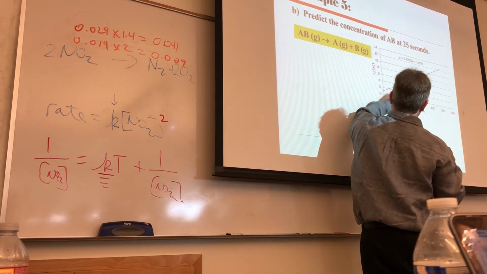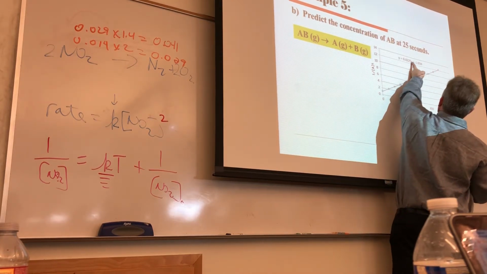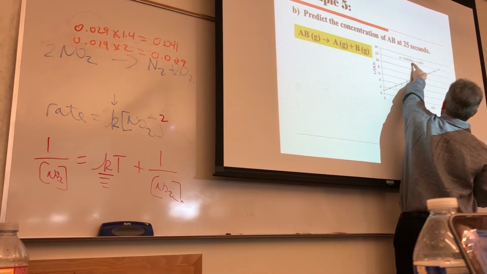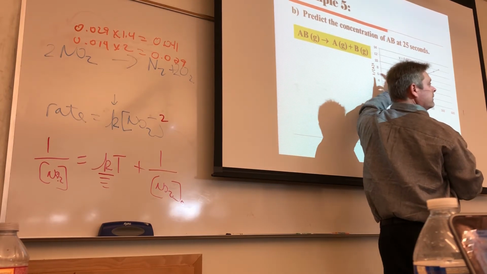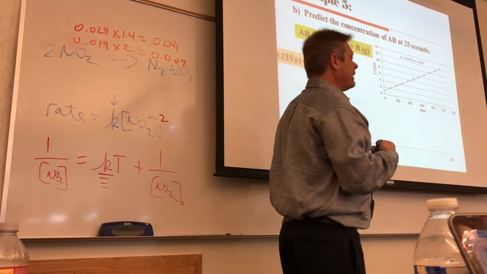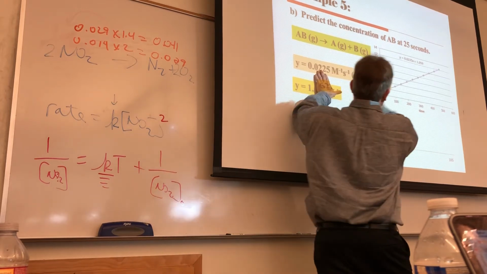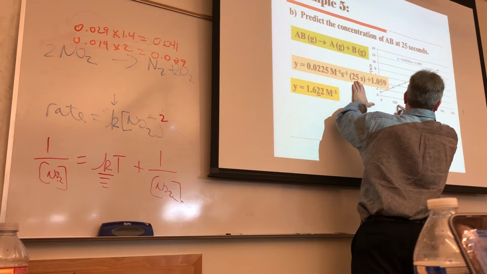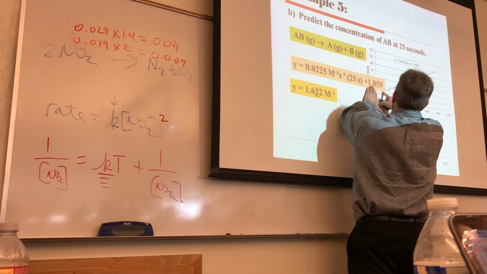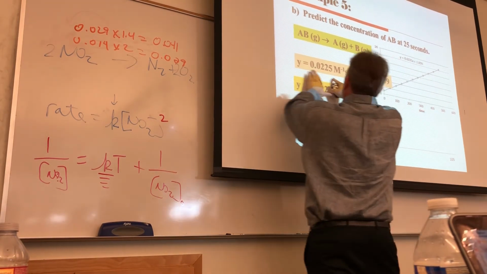So then when I'm solving, the time is x. I put the time into x, I'm solving for y. I'm solving for whatever's on the y-axis. Oh, okay, gotcha. So there's the 0.0225, there's the 25 seconds I'm plugging in for x, that's the time, plus the 1.059, which is given. I solve for y.